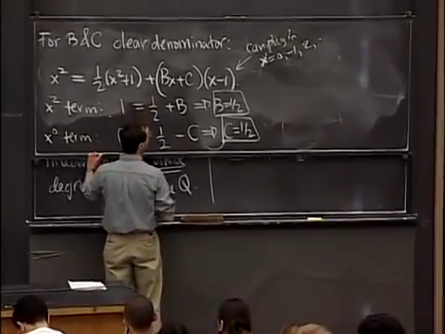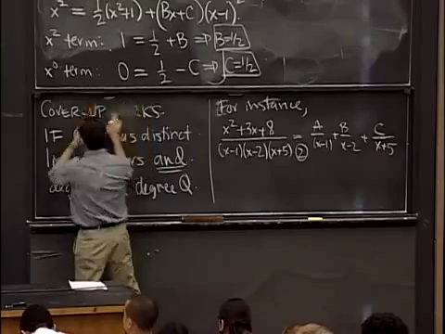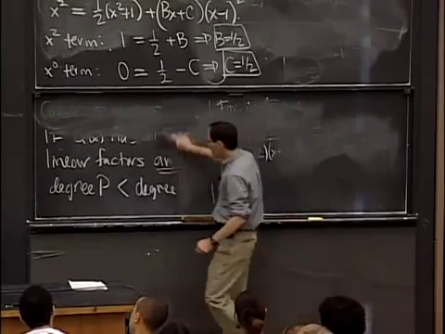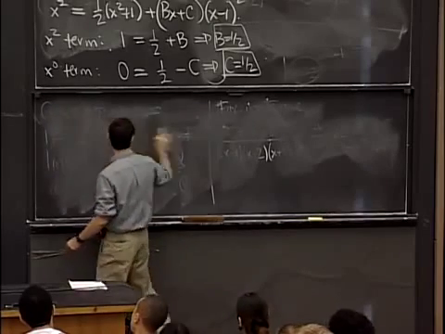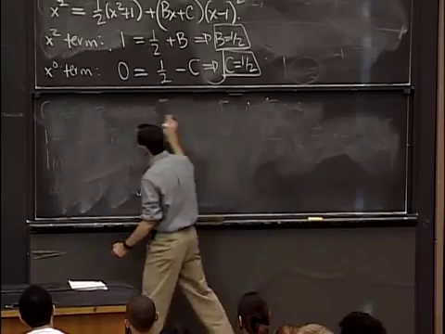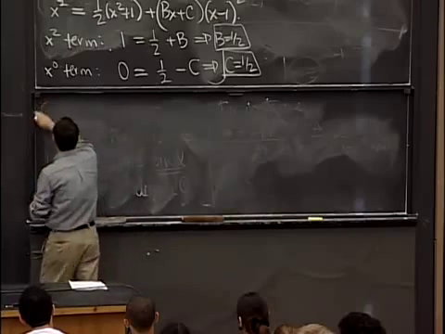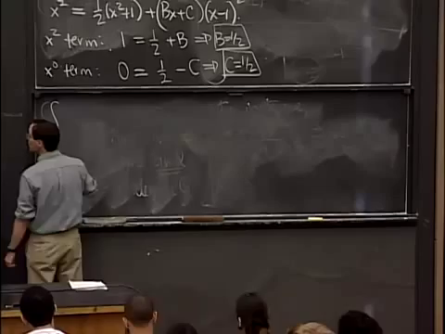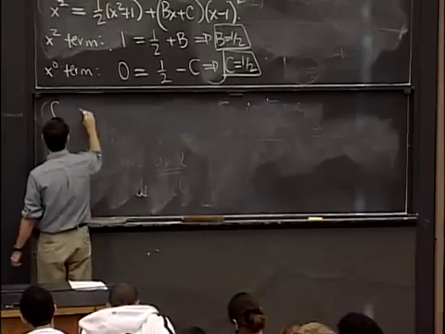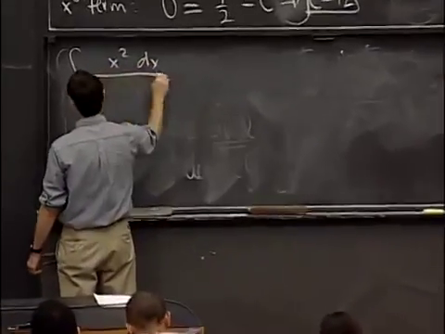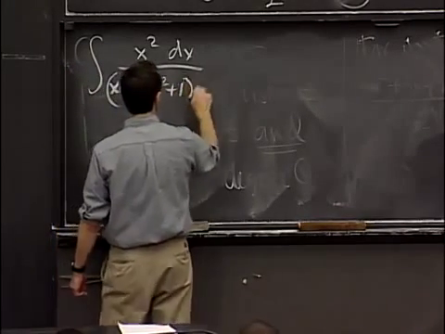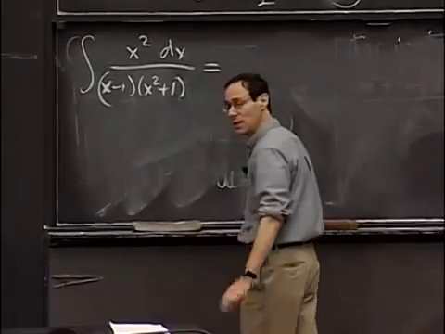So I figured out what all the values are, but it's also worth remembering that we also have to carry out the integration. What I've just shown you is that the integral of x squared dx over x minus 1 times x squared plus 1 is equal to, and I've split it up into these pieces.